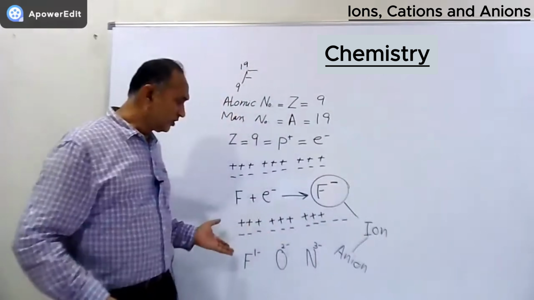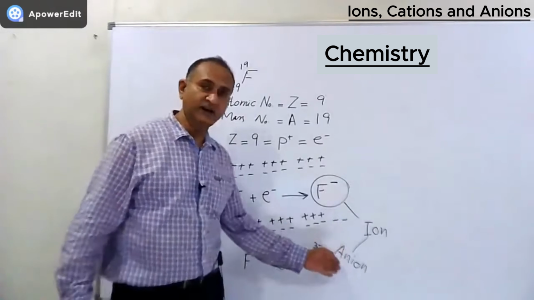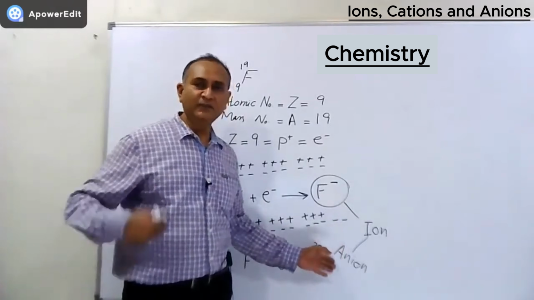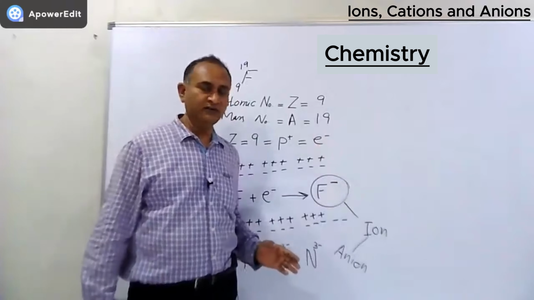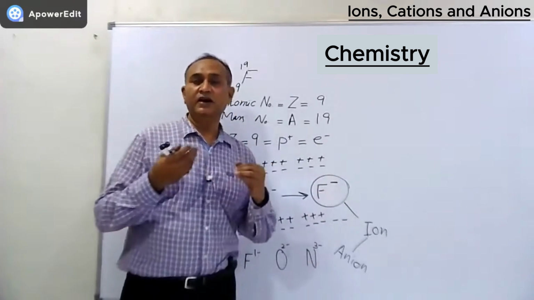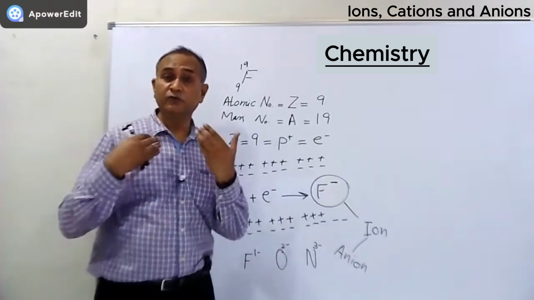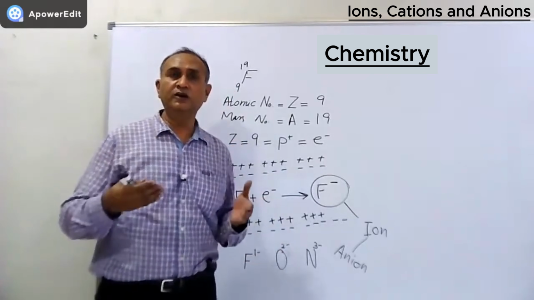If you take an electron, it will become negatively charged and we call it an anion. And as we'll see afterwards, if an atom loses an electron, it will acquire a positive charge. And it would be called what? It would be called a cation.